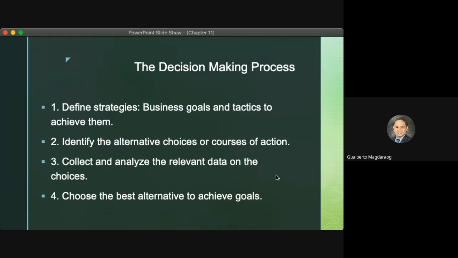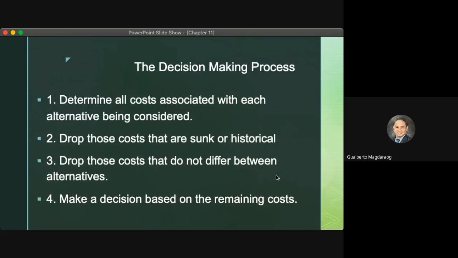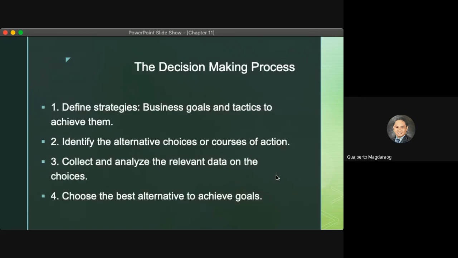Okay? So, there is another step or another process in using relevant costing in decision making. Kasi doon sa unang generic steps, dito pa lang meron na sa number 3, you have to be able to select relevant data.